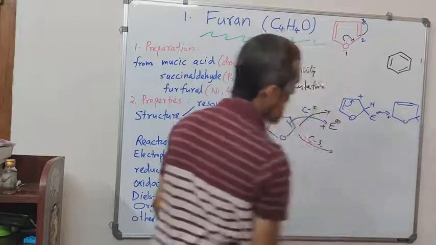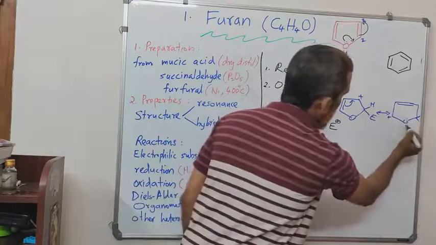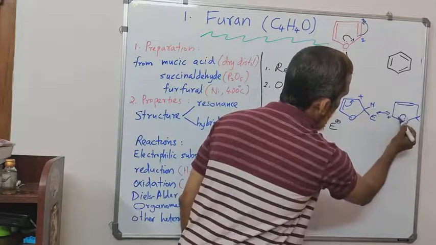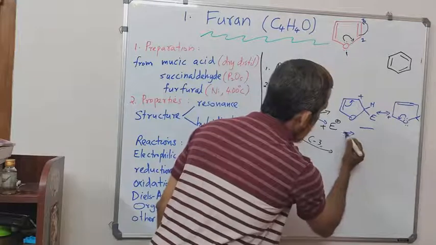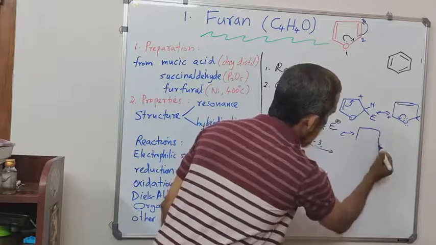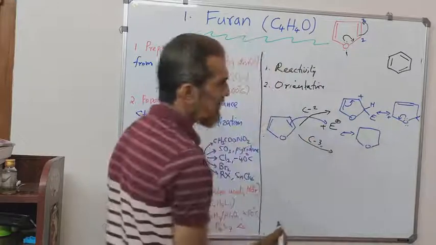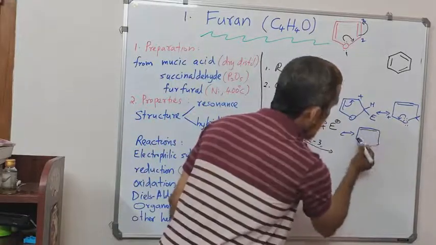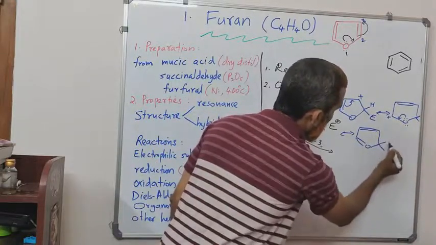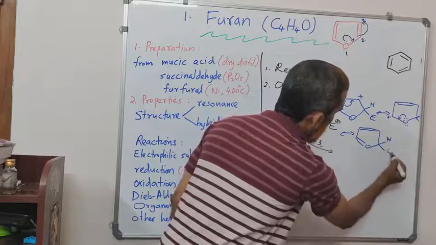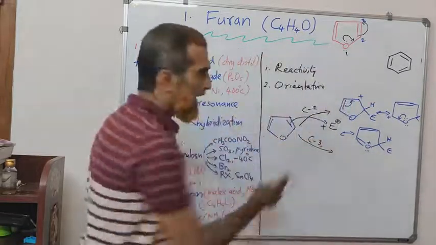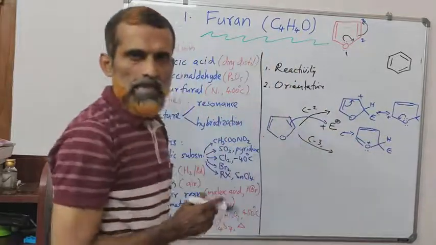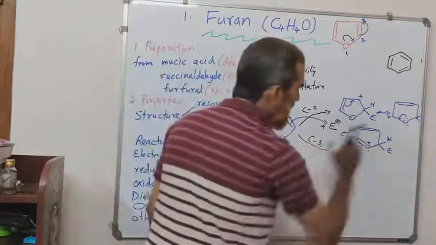There are 2 bonds here, and this lone pair now can move, giving the third resonance structure. So it becomes now a double bond here, H and E, and of course there will be a positive charge here. So you get 3 resonance structures. The intermediate is stabilized by this resonance.